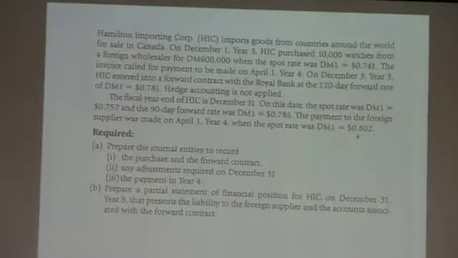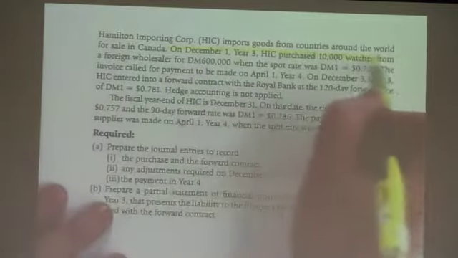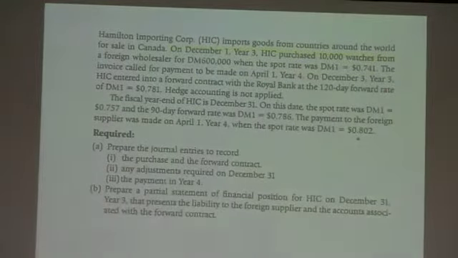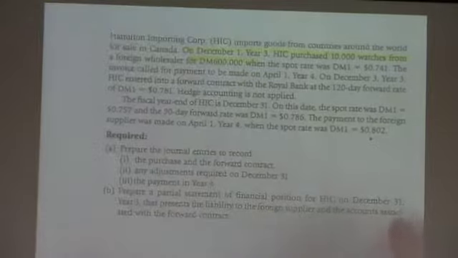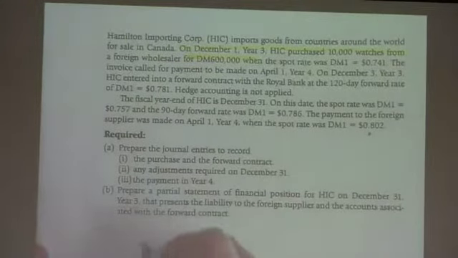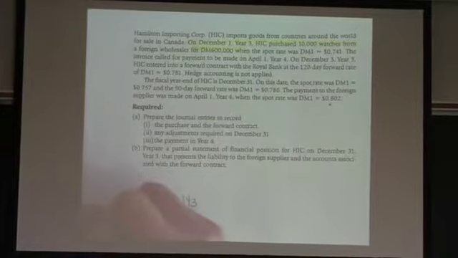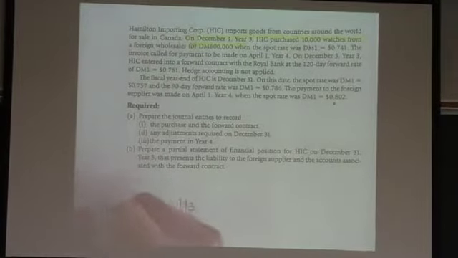On December 1st, HIC purchased 10,000 watches for 600,000 DM at a spot rate of 0.741. So let's take a look at that. I'm going to write the date down, December 1st, year 3, transaction date.